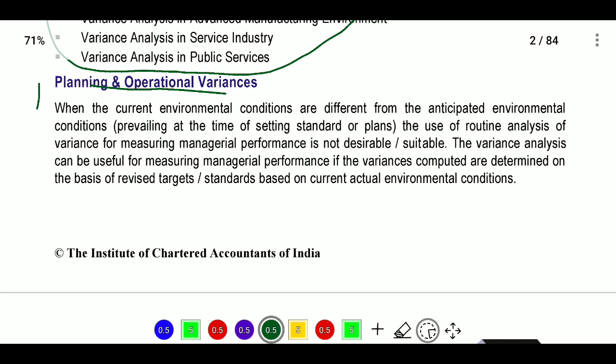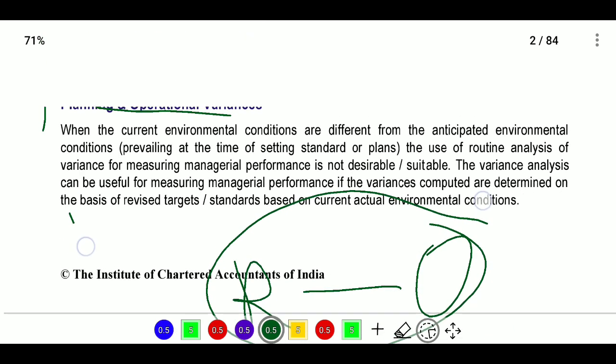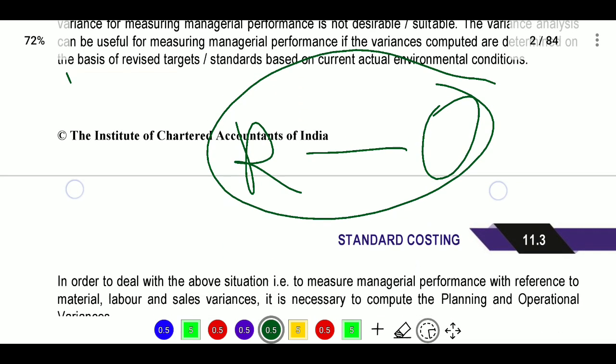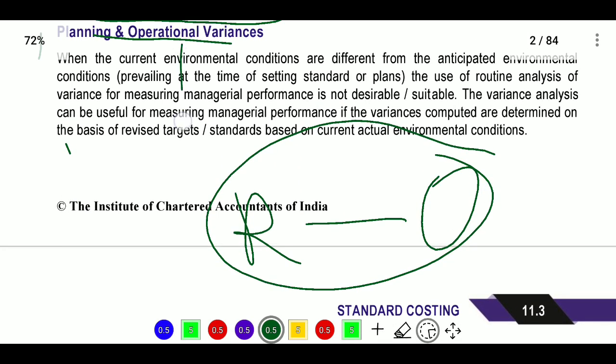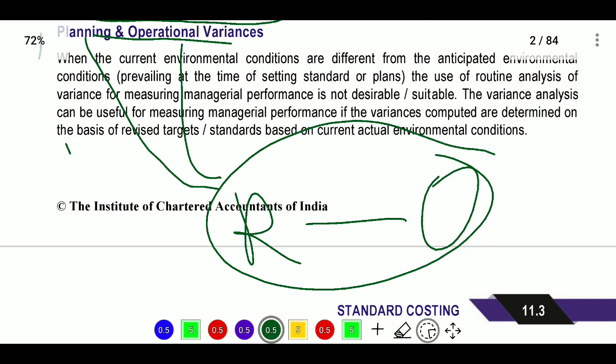For these two compared, it is known as planning variance, where the revised standard is compared to the original standard.